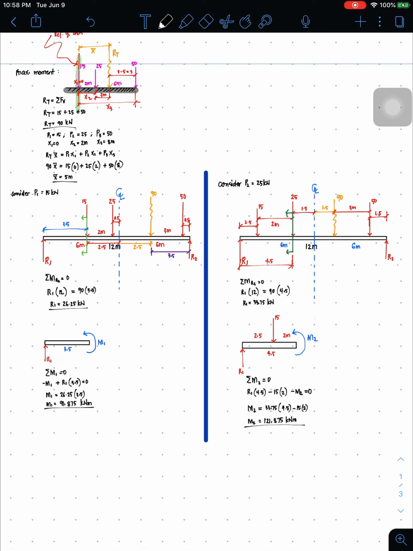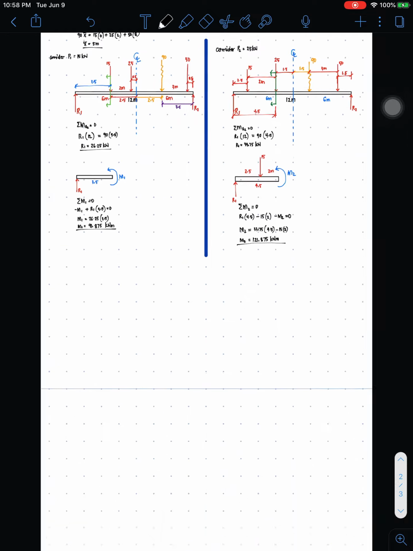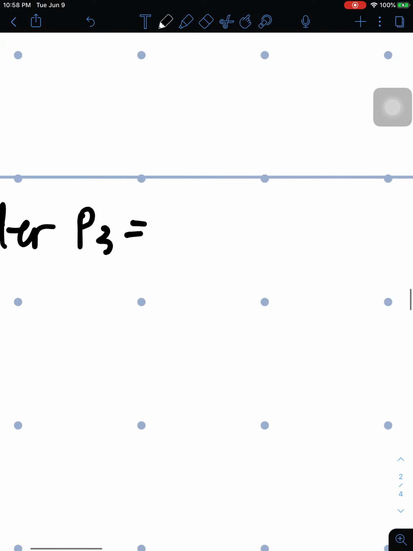Proceed with considering P3. How do we consider P3? So all we have to do is draw again the figure. So next paper na lang ta. So here, this is consider P3, and that is equal to 50.